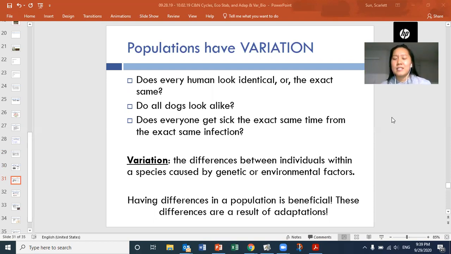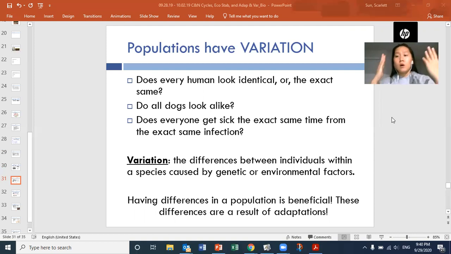Another example that's easy to think about is, do all dogs look alike? Again, the answer is no, right? You have dogs like Chihuahuas, and then you have dogs like Great Danes that are massive, right? So they differ in size. Some have pointy ears, some have floppy ears, some have patches, some have only one color, some have blue eyes or multicolored eyes, and some only have brown eyes, right?